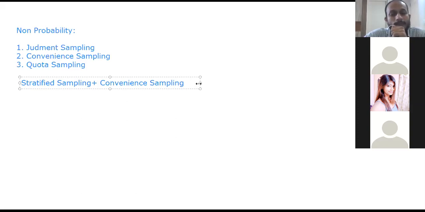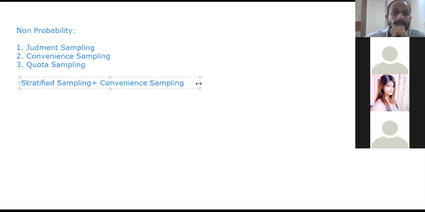When I choose a sample on my own convenience after dividing into different strata, that is what we call quota sampling. The same step, divide it into different strata. Here I can use the word different quotas. I have decided that I'm going to choose 10 from BCU, I'm going to choose 3 from AU.